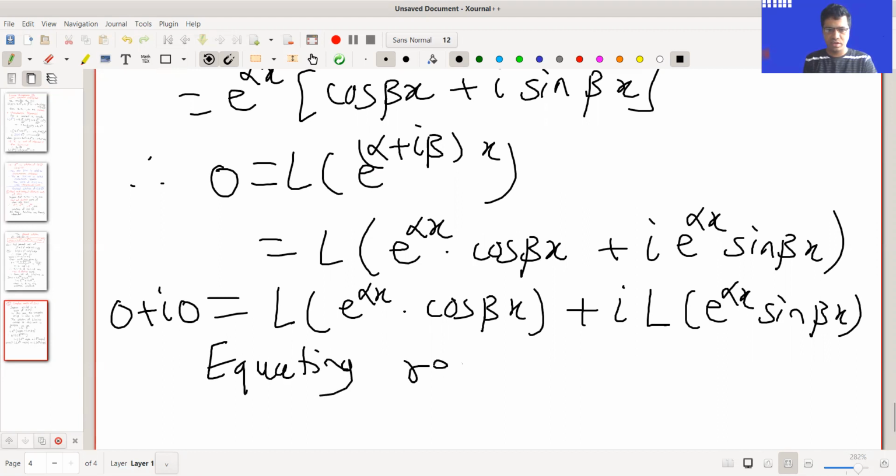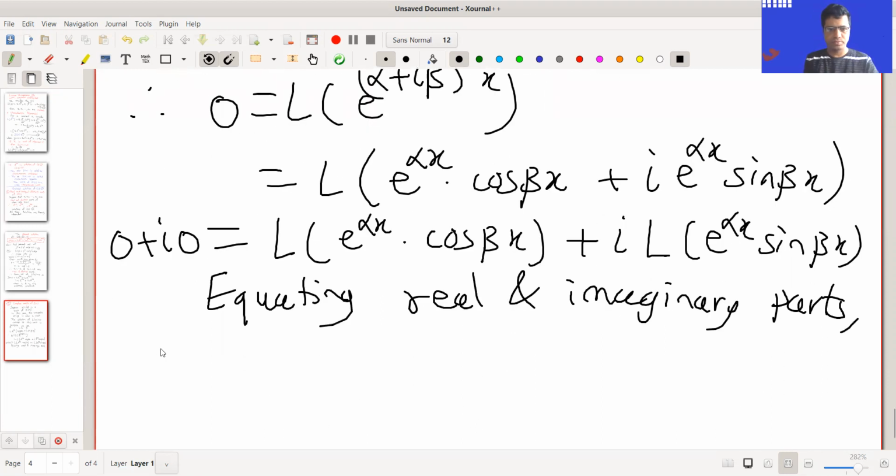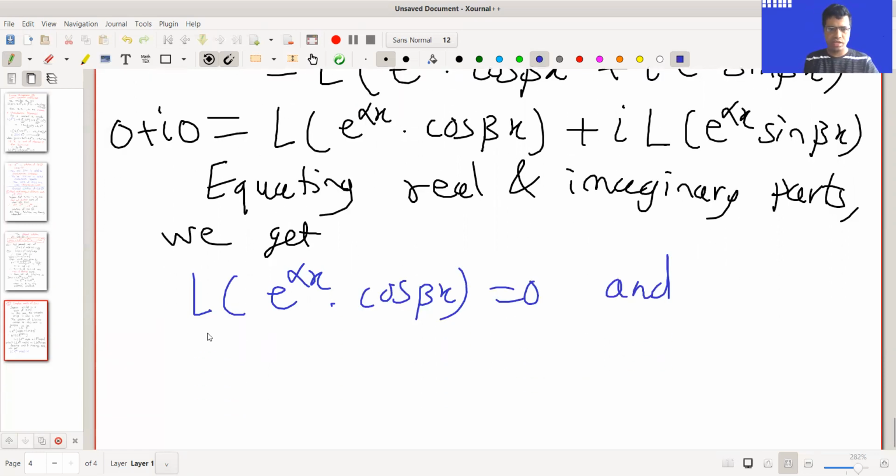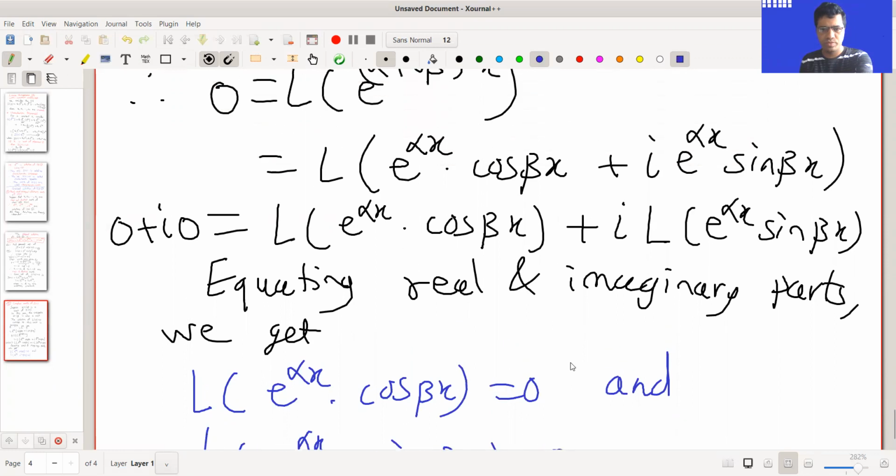Equating real and imaginary parts in this equation, we get two important expressions: L of e raised to alpha x into cos beta x equal to 0 and L of e raised to alpha x into sine beta x equal to 0.